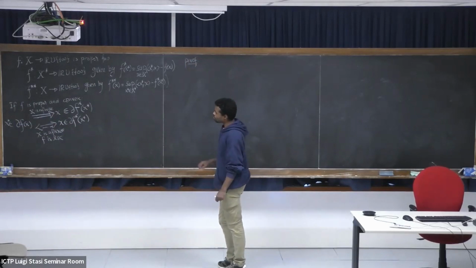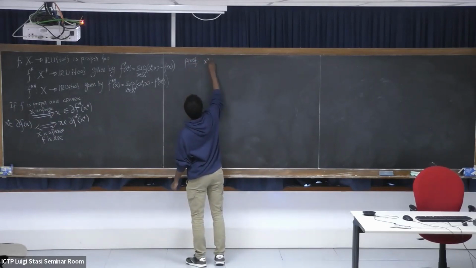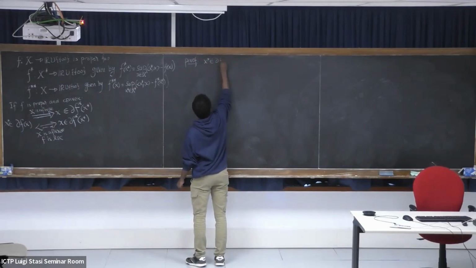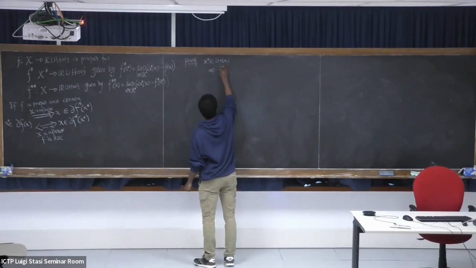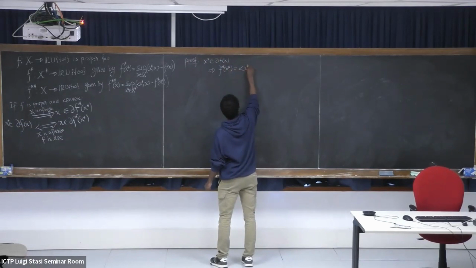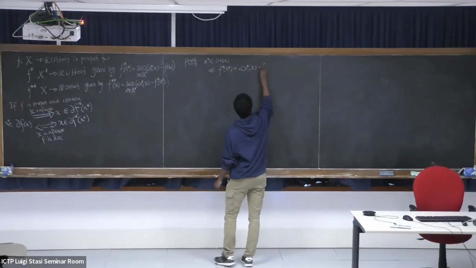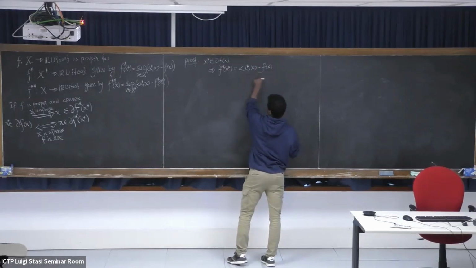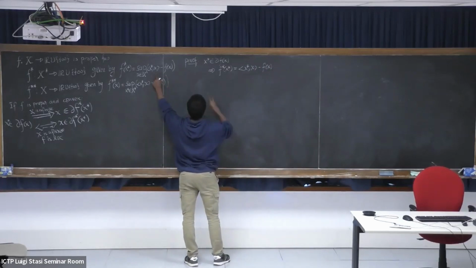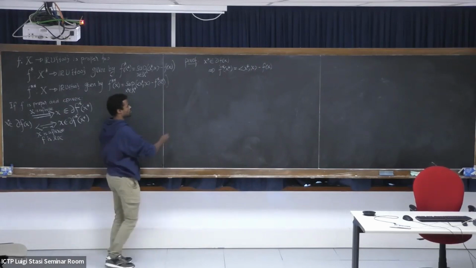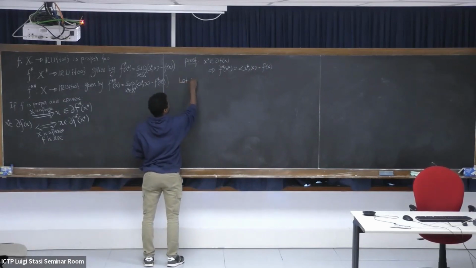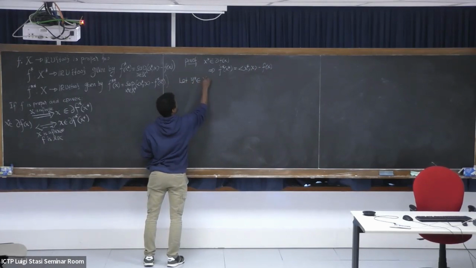Here, x star is an element of the subdifferential of f at x. By one of the theorems we stated previously, this means that the supremum is attained at this point x. Let y star be an element of x star.